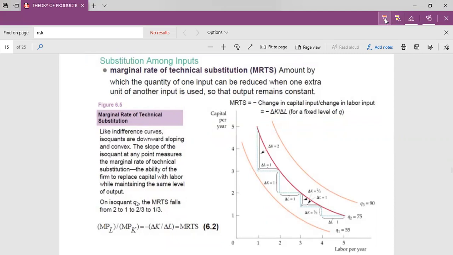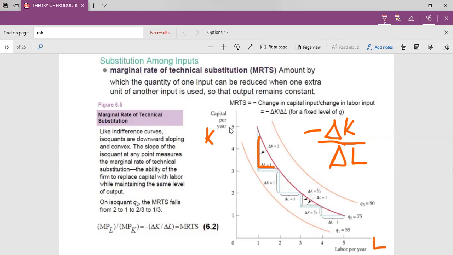If the vertical axis is representing capital and the horizontal axis is representing labor, the negative change in capital over the change in labor will give us the slope of the isoquant at that point, the marginal rate of technical substitution, the rate at which capital can be substituted for labor, as long as output remains constant.